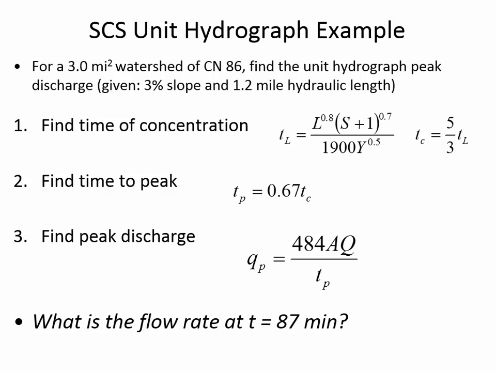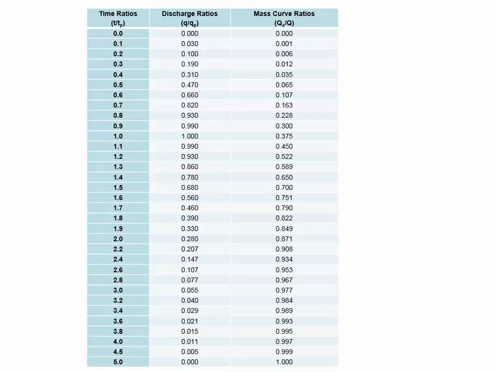Now this last part of the example asks, what's the flow rate at a time of 87 minutes? So 87 minutes into the storm, what's the flow rate? That seems like a strange number. Why 87? Well, I asked it that way just to make it a little bit easier to calculate. This is what that curve is based on.